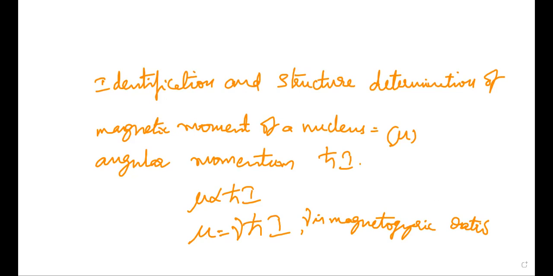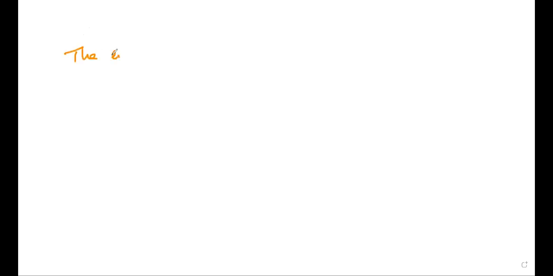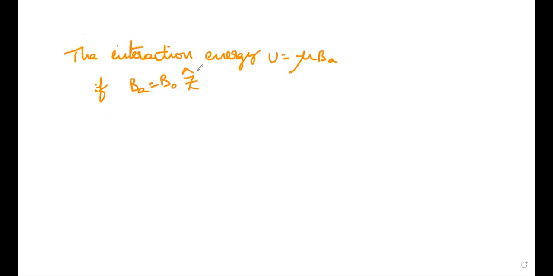So the interaction energy U is equal to minus mu dot B. If B is equal to B naught into Z cap, then U is equal to minus mu Z into B naught.